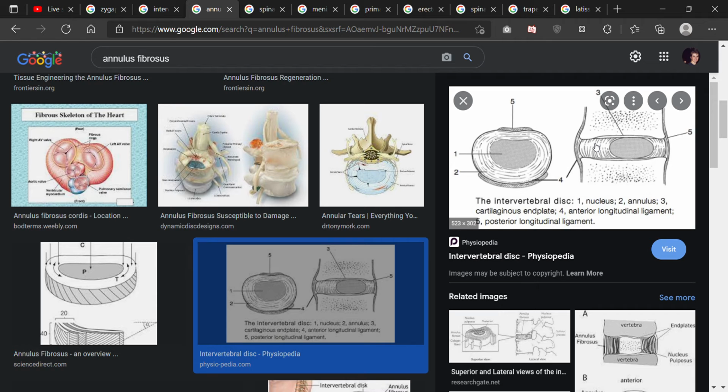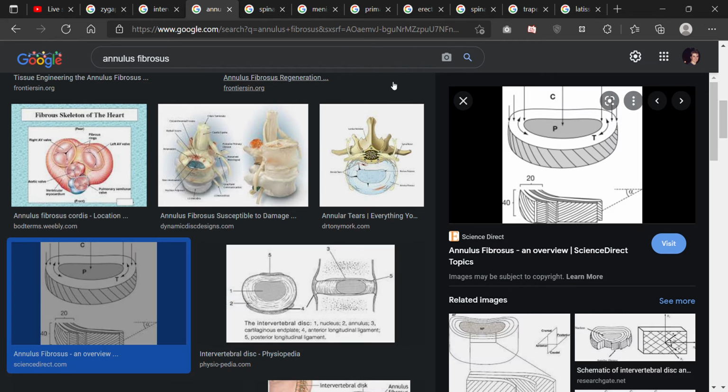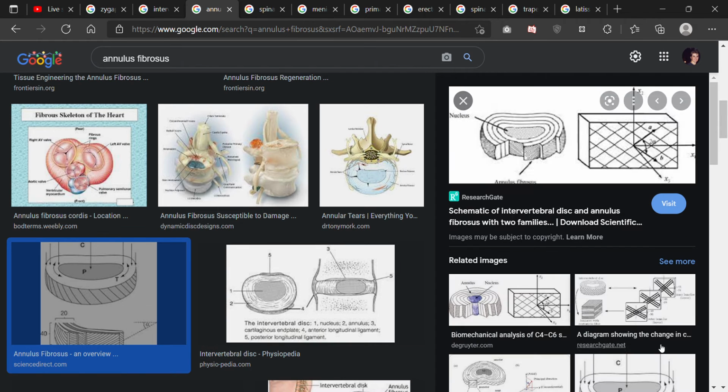So whenever you twist, if you get up and you rotate, and you turn to your right and to your left, or you sit in your chair and you turn to your right and you turn to your left, you are twisting because of those oblique fibers in the annulus fibrosus.